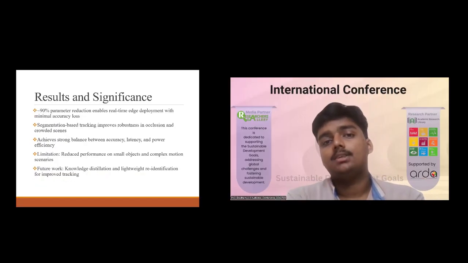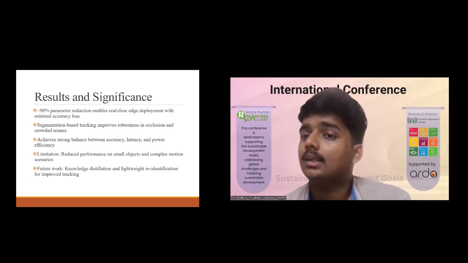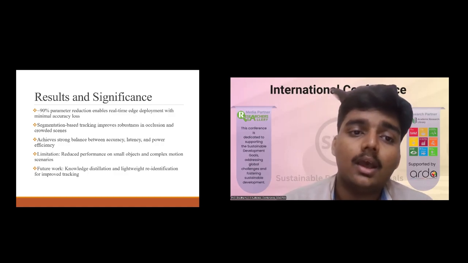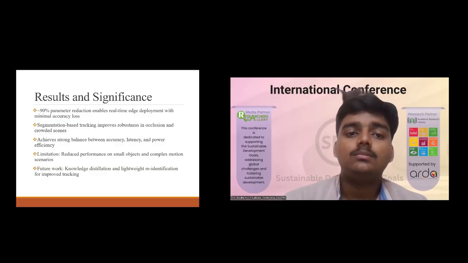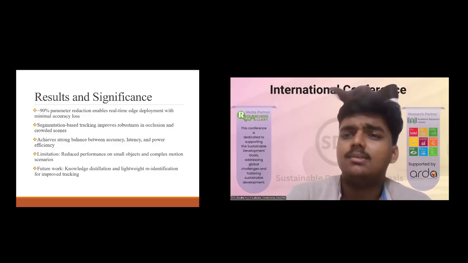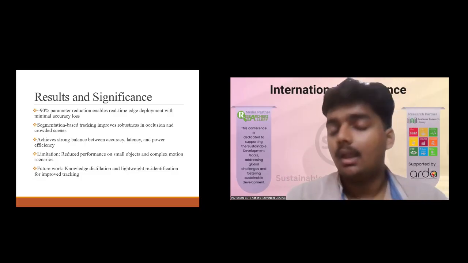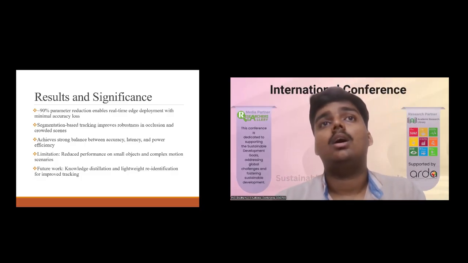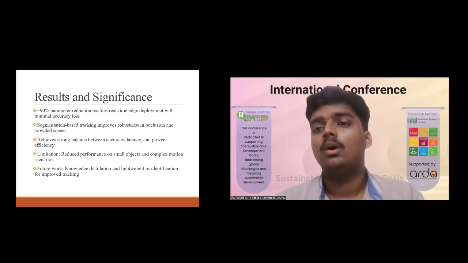And coming to the significance of the research, we reduce the parameters and enable real-time edge deployment with minimal accuracy loss. Segmentation-based tracking improves robustness in occlusion and crowded scenes. We have real-world examples of camera visuals of, say, shopping malls or railway stations.